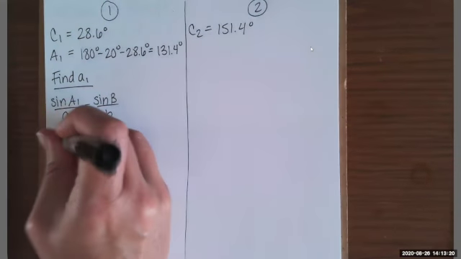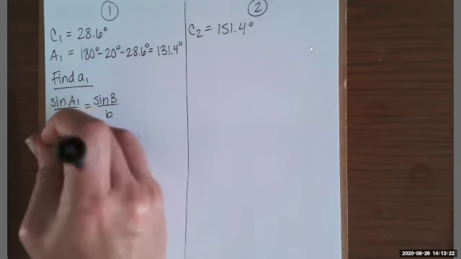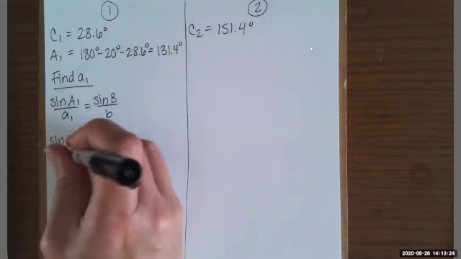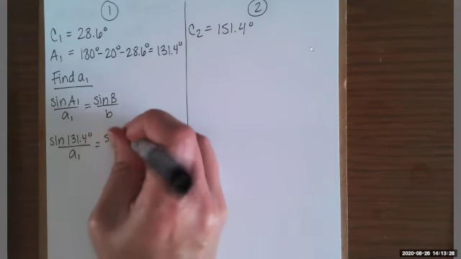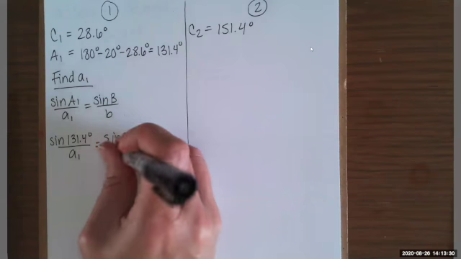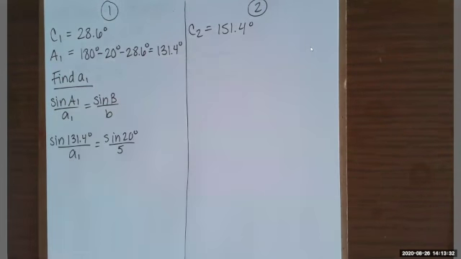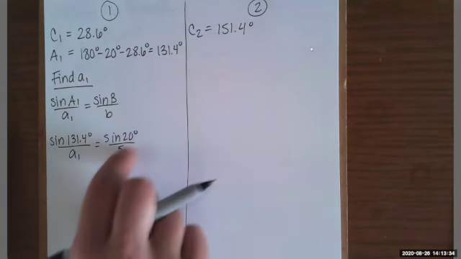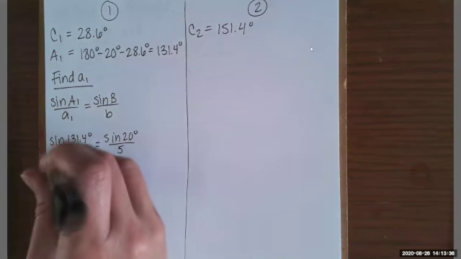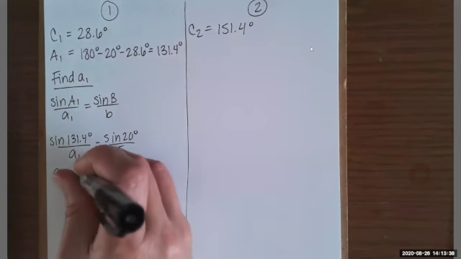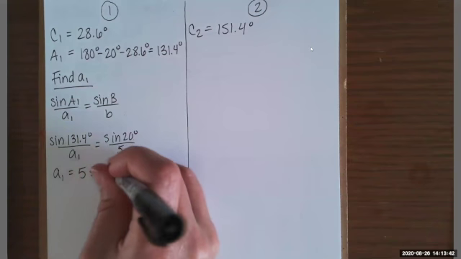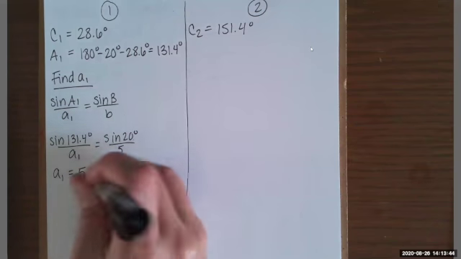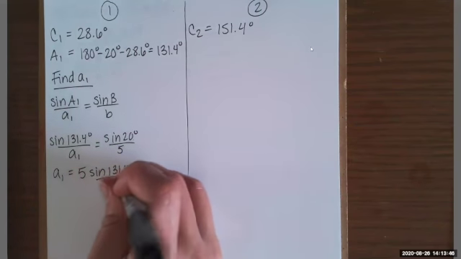So I have sine of 131.4 over A1 is equal to sine of 20 over 5. I'm solving for A1, so I'll multiply both sides by A1 and then multiply both sides by this reciprocal, giving me that A1 is equal to 5 times sine of 131.4 over sine of 20.